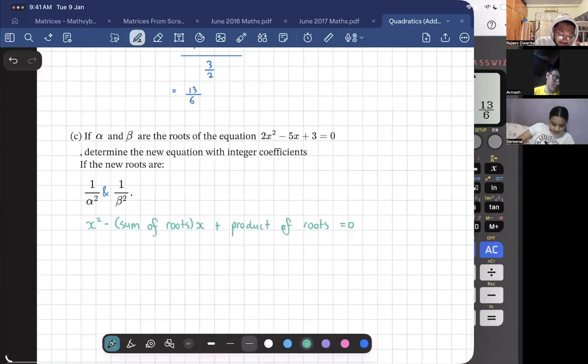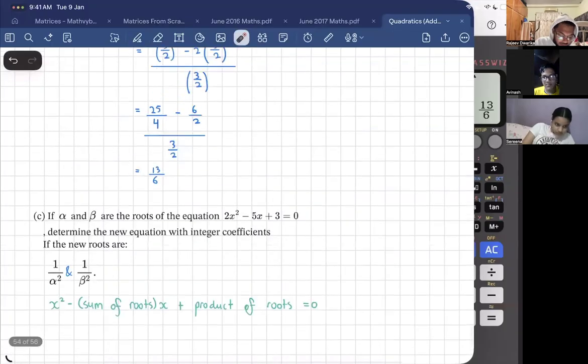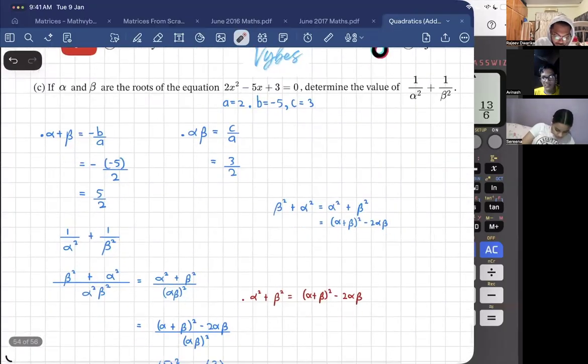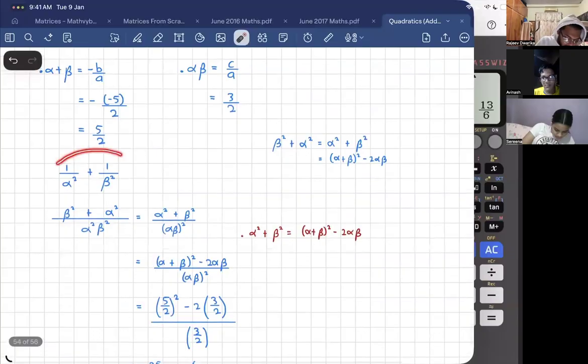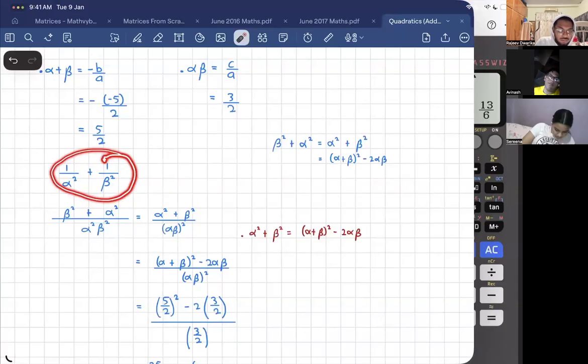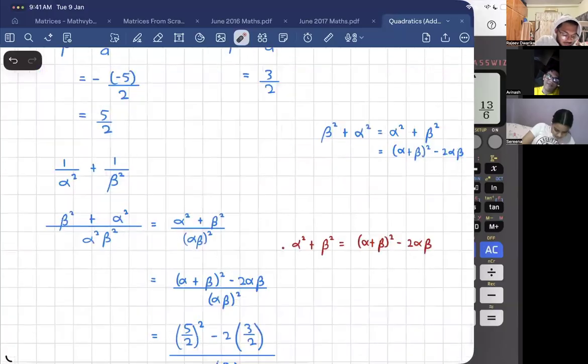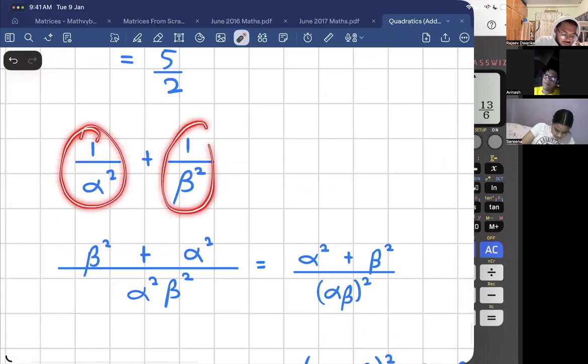So Avinash, in case you are confused, in the last question, what did we find for? We found the value of 1 over alpha squared plus 1 over beta squared. And if these are the new roots, then by adding them, I'm finding the what? The sum.